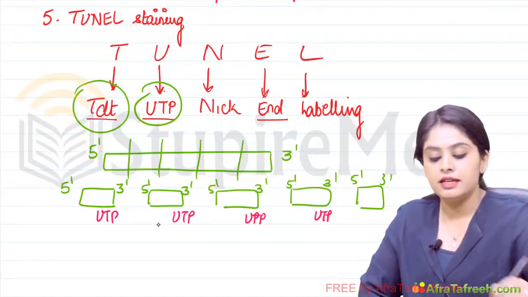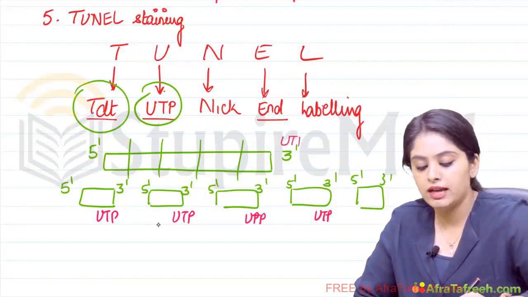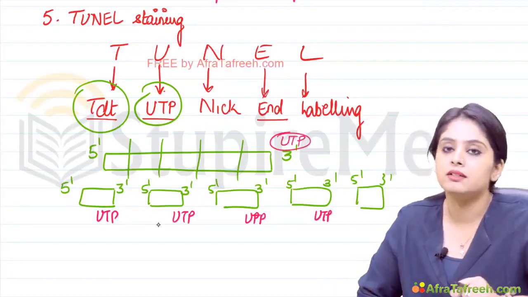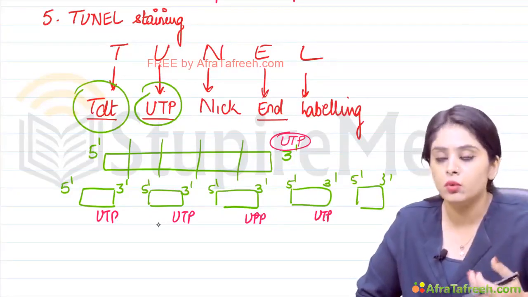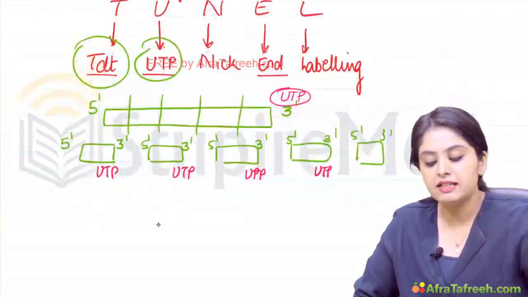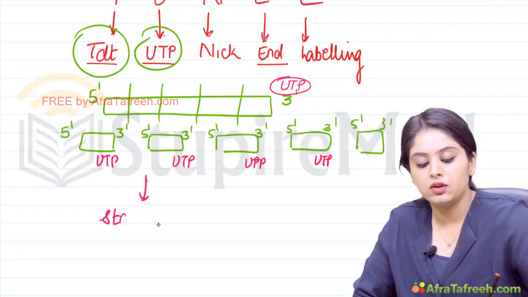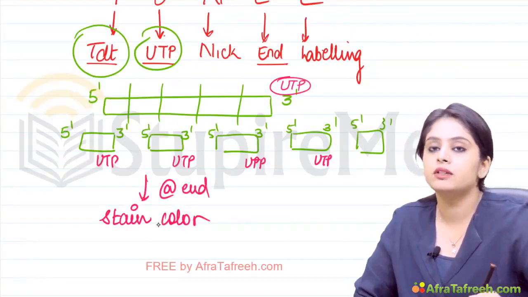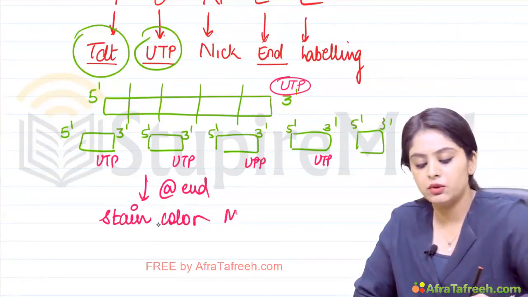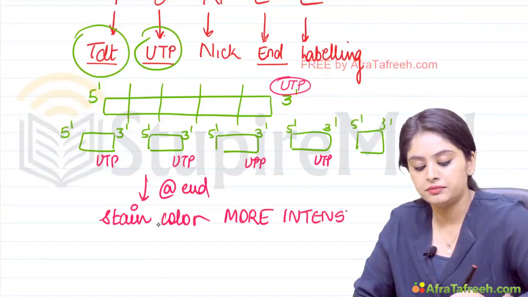Now friends, if the DNA was intact, UTP would have just gone and attached to one 3' end. Now we have so many pieces, so UTP attachment is to more number of pieces. The more UTP is attached, what do you expect the color or the stain color to be at the end? More UTP attached, there is going to be more intensity of the stain.